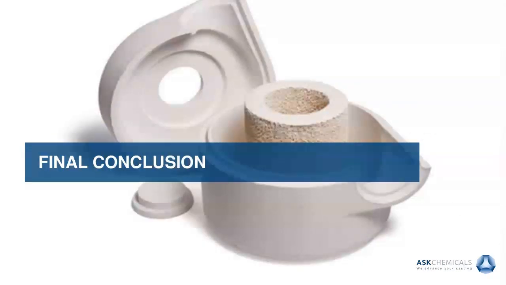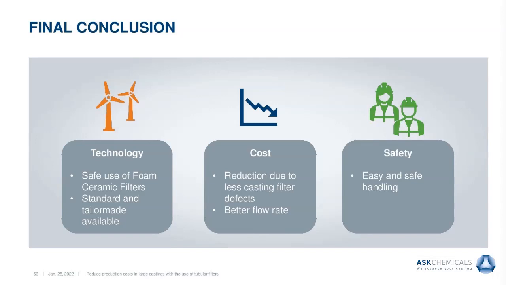Okay, that was a short overview about some case studies and a little bit of theory and filtration themes. Let me come to a final conclusion now on what I had the pleasure to present to you.